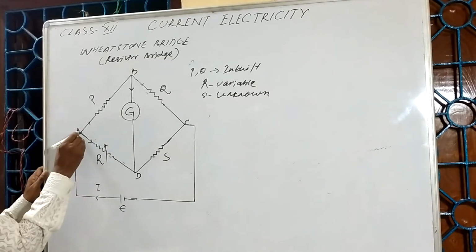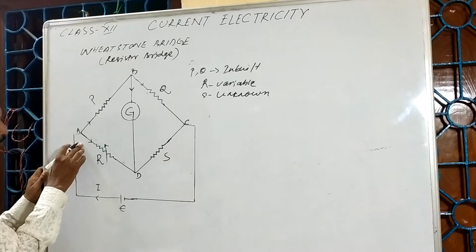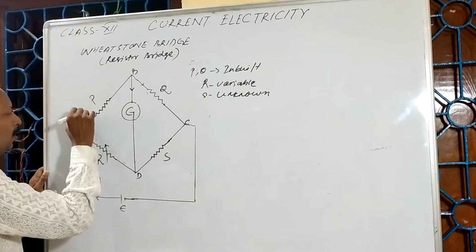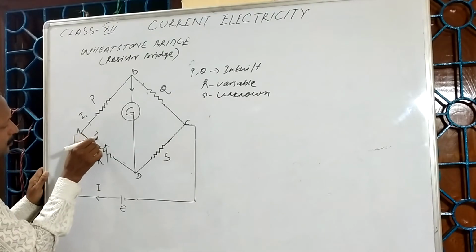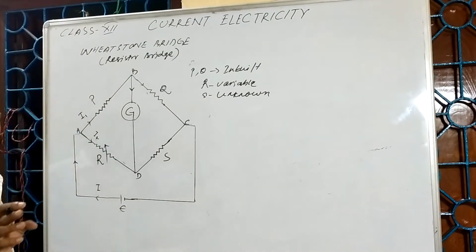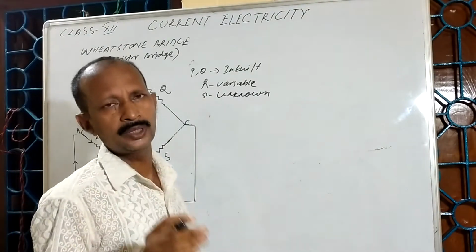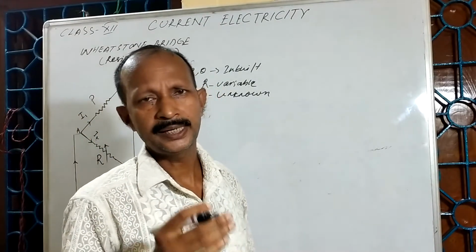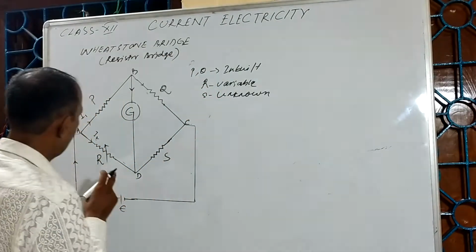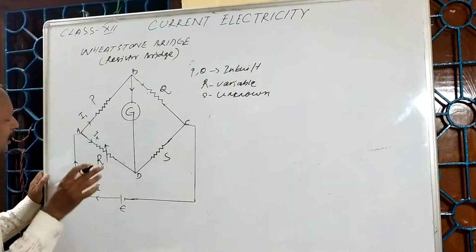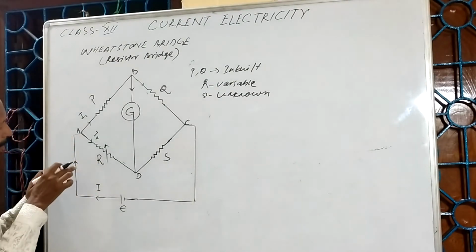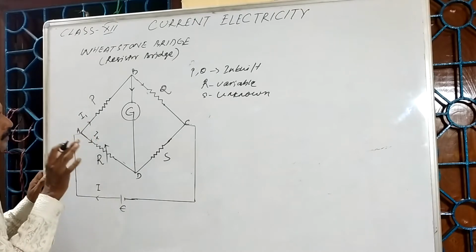Now the current reached here at the point A. From this point A, the current is divided into I1 and I2. From the junction law, we know that the amount of current entering a junction is equal to the amount of current leaving the junction.